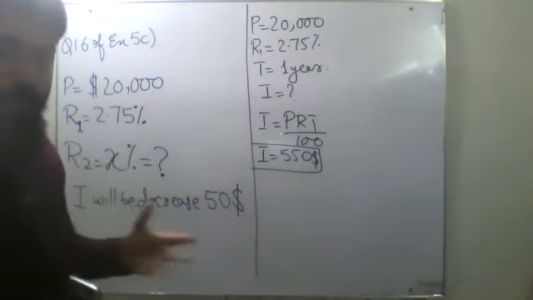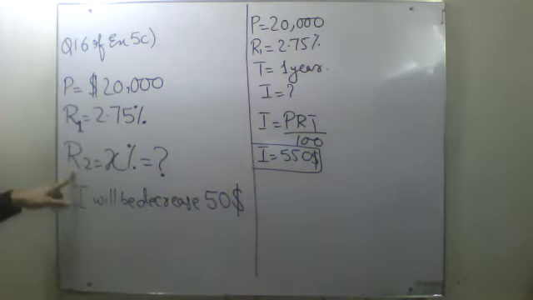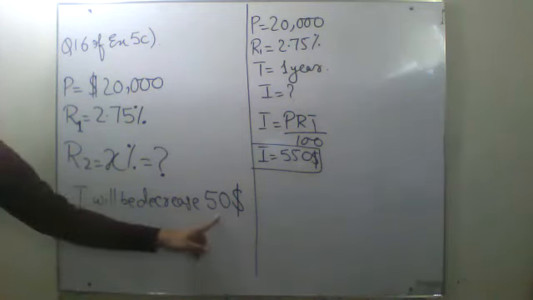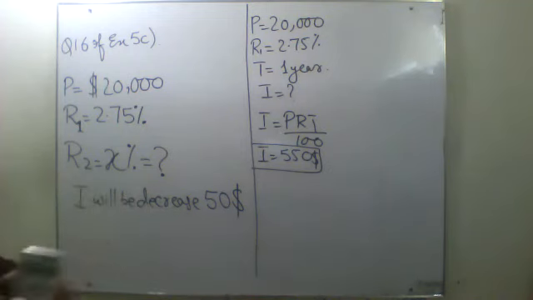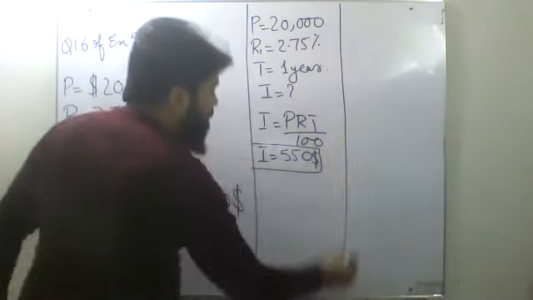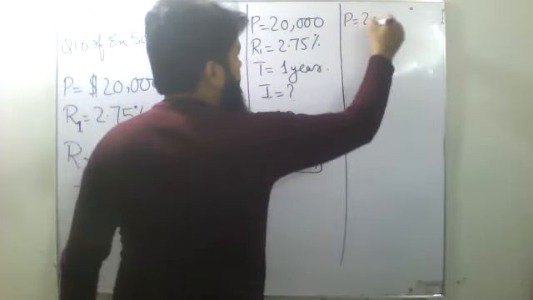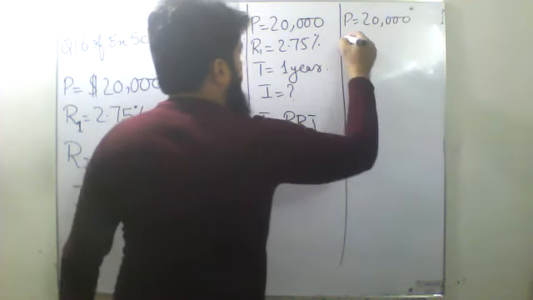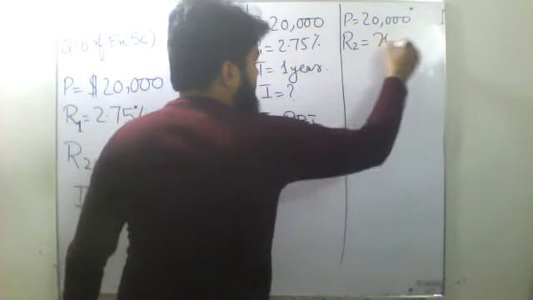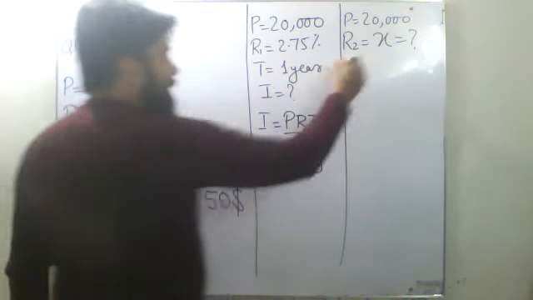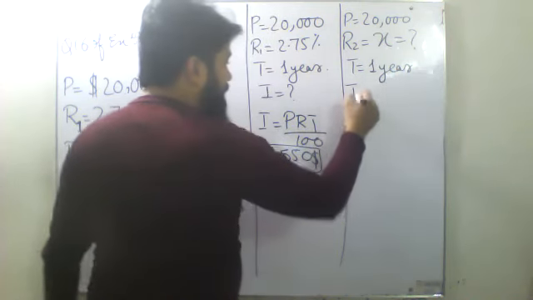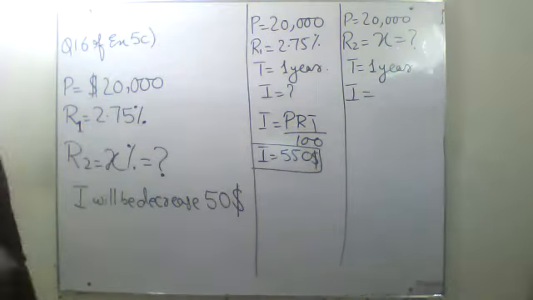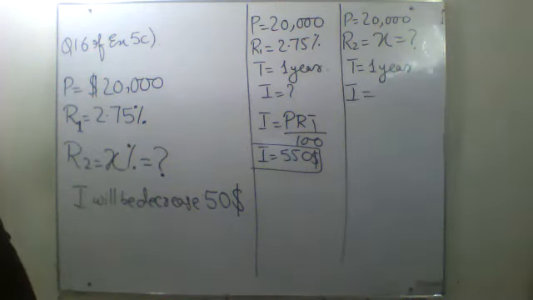Now they are saying that the rate has changed, and this interest will be decreased by $50. I have to find the new rate. So see, principal will remain the same, rate is X, which is unknown to me, time again I am taking 1 year, and interest has decreased by $50 each year.